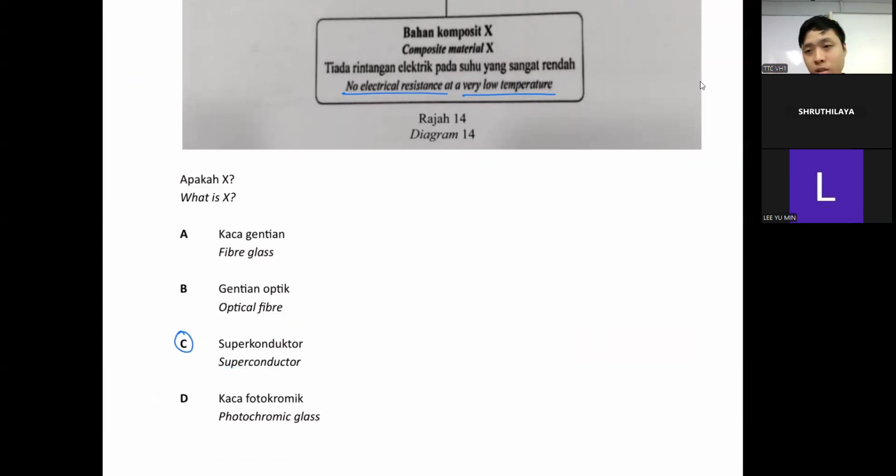Okay. Go and look at the uses one by one. A lot of uses. I tell you, fiberglass can make things like water tanks. It's normally plastic, a very strong plastic, to make like a badminton racket. Water tank, a lot of examples. Optical fiber normally makes your TV cable, Wi-Fi cable.